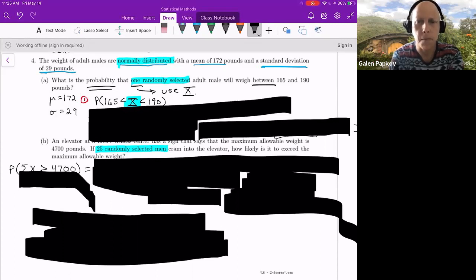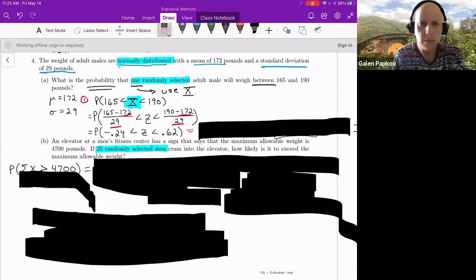When you do that, you take the 165 minus the mean of 172, divide that by 29, the standard deviation, and you'll get negative 0.24. When you follow a similar path on the right-hand side with 190, you get 0.62.